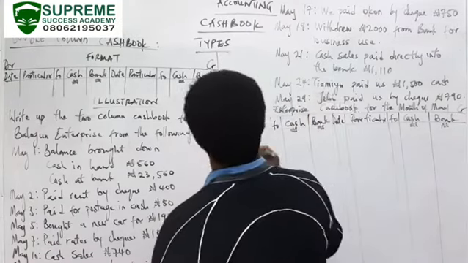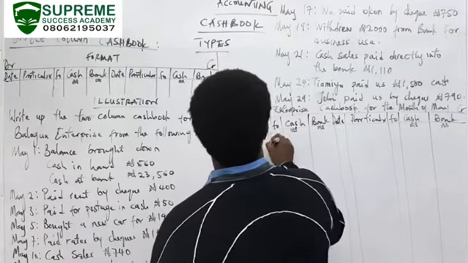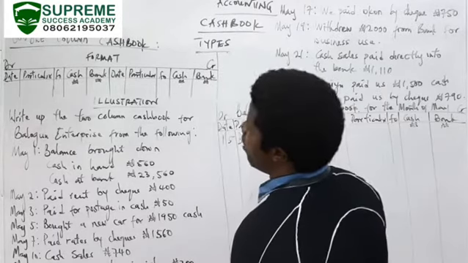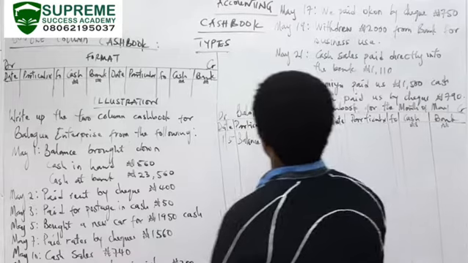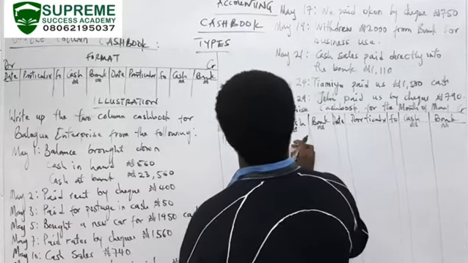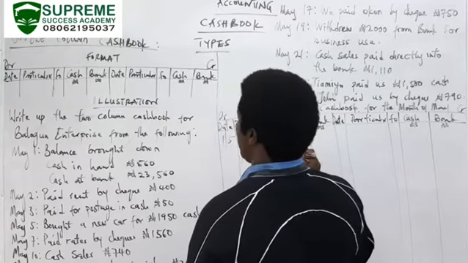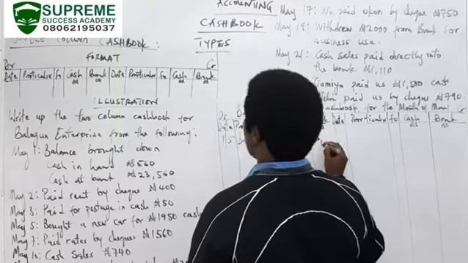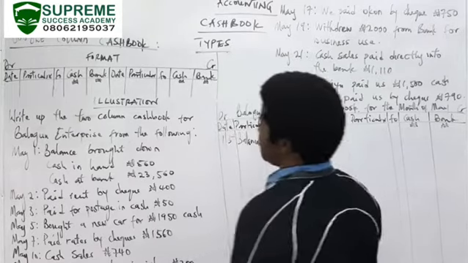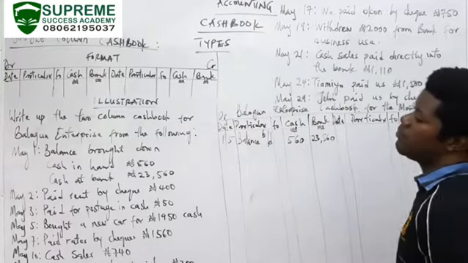So we have our balance brought down from the previous month, and here we have for cash 560 and for bank 23,560. All right, so this is the balance brought down.